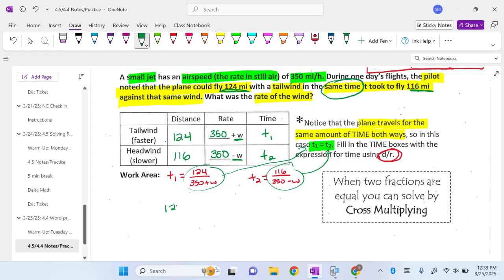So I have 124 over 350 plus W is equal to 116 over 350 minus W.